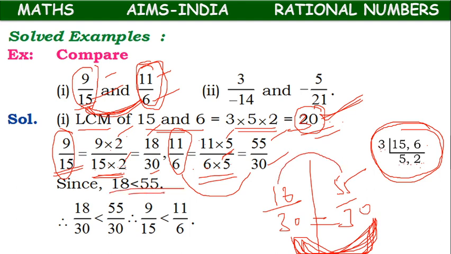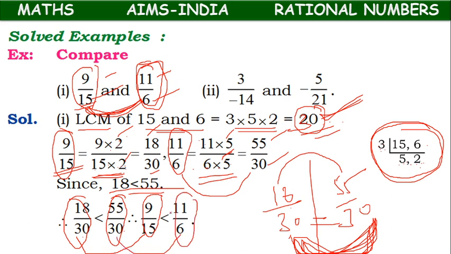18 is less than 55. So 18 by 30 is less than 55 by 30. But what is the original given rational number for 18 by 30? 9 by 15. What is 55 by 30? 11 by 6.